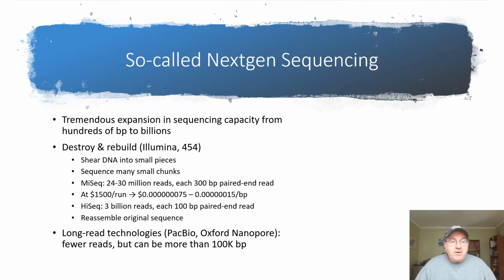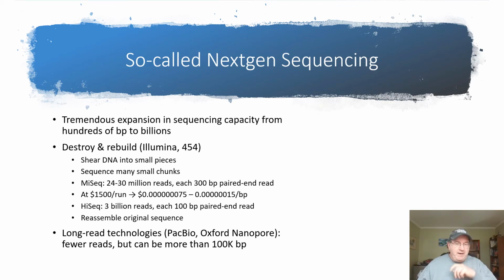There are now also some long read technologies. PacBio and Oxford Nanopore are two of the prominent names. In comparison to something like Illumina, these technologies have a higher error rate. And while you might think that is a damning negative, the positive side of these technologies is that instead of getting a 100 or 300 base pair paired end read, you're potentially getting reads that are 100,000 base pairs in length.